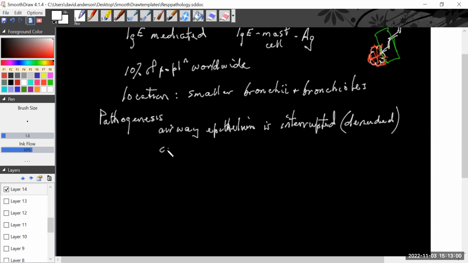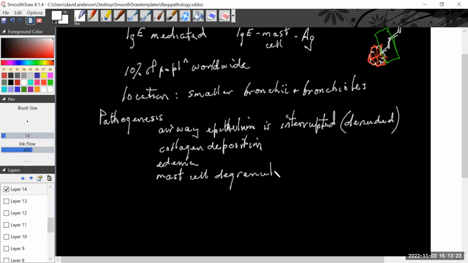Then we're going to get some collagen deposition. We've seen this progression before with injury, repair and attempt. We know with inflammation there's going to be edema. We know the mast cells are all part of this puzzle.